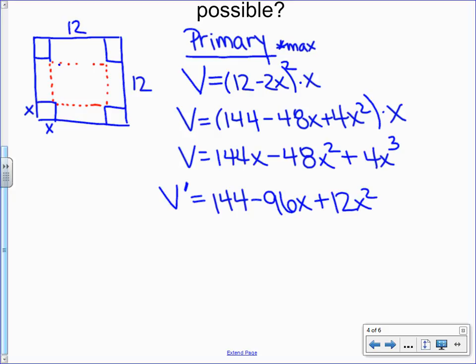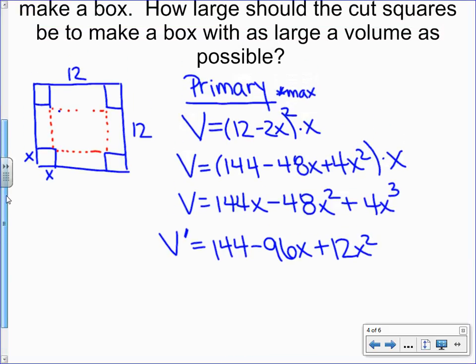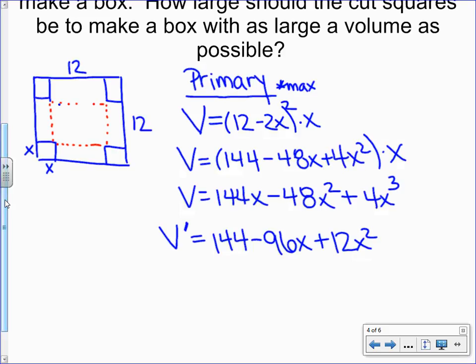Okay, now, before we go much further, there was one thing that I skipped over. What did we not talk about before we took the derivative? The domain. X can't be negative, and we probably can't be 0.